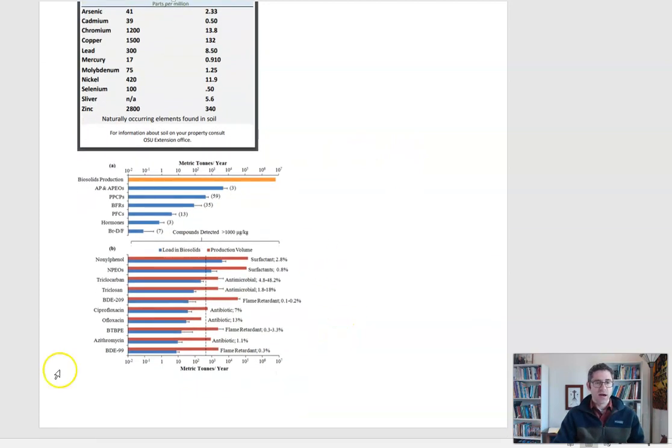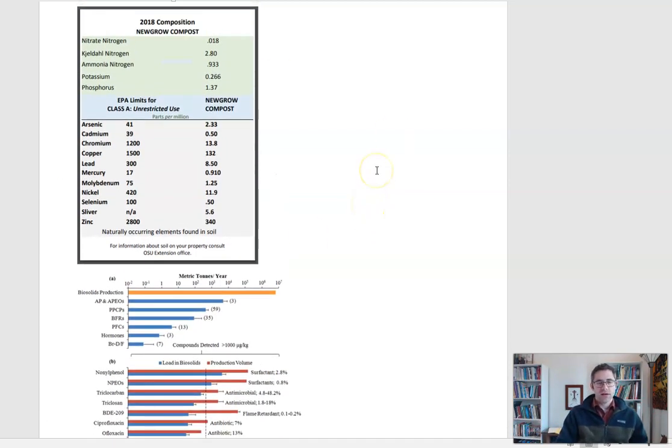Currently, the EPA does not regulate chemicals like these in biosolids. Some of these chemicals are regulated at a state level in the discharge from wastewater treatment facilities. Most are not in most states, and they're not in biosolids.